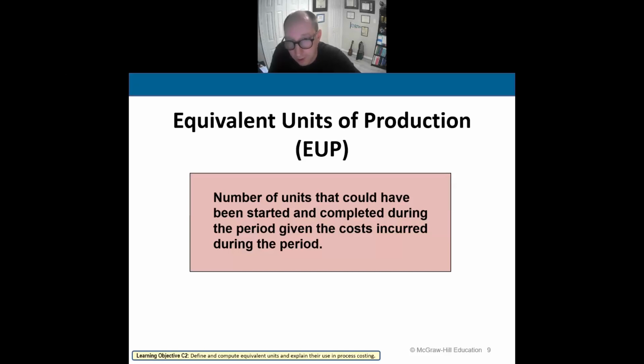In other words, I could start and finish 1,000,000 water bottles during the accounting period. And I could assign cost of goods manufactured, materials, labor, factory overhead, to those water bottles during the accounting period. Those are my equivalent units of production.